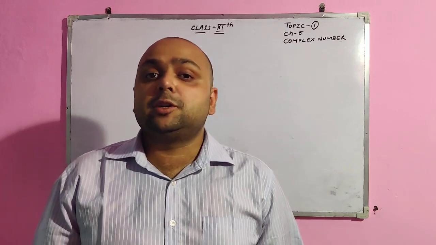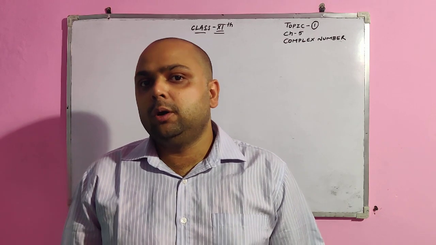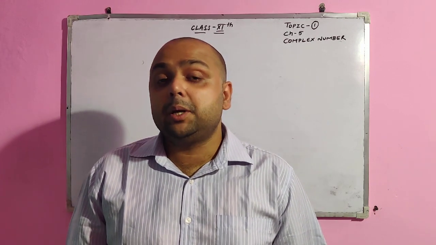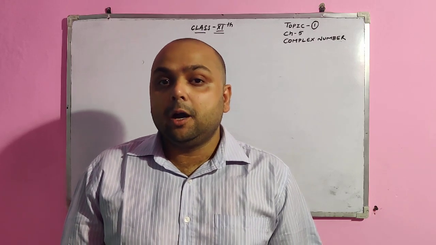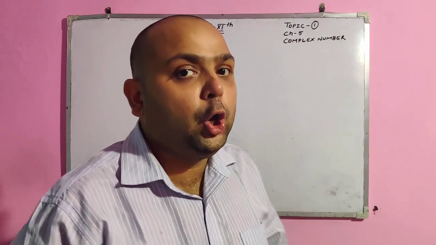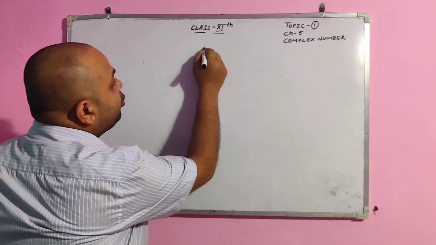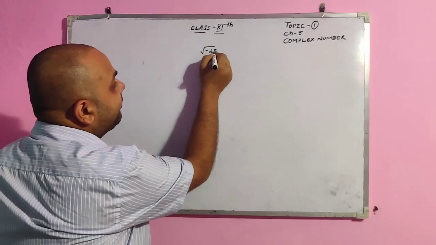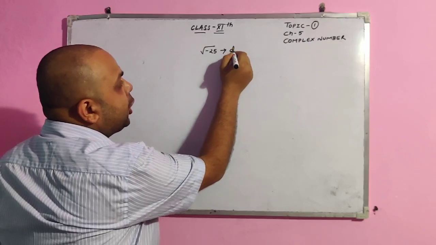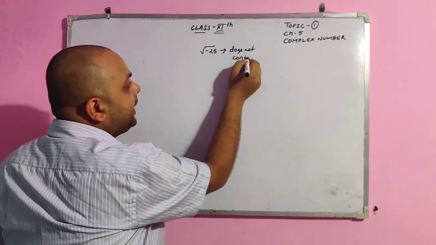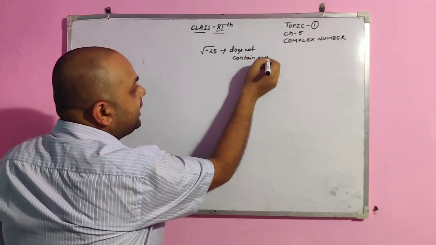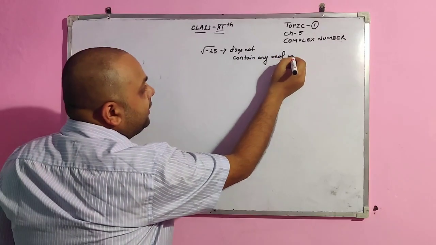As the name suggests, complex, so this number must include some complexity. For example, up to class 10th, we all know that under root of minus 25 does not exist, does not contain any real numbers.